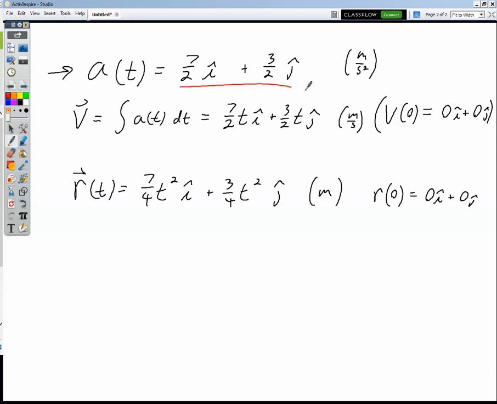The acceleration is positive 7/2 in the i direction, positive 3/2 in the j direction, and we can get a magnitude and a direction of that acceleration by doing Pythag and inverse tangent for the angle. Go back to your force.